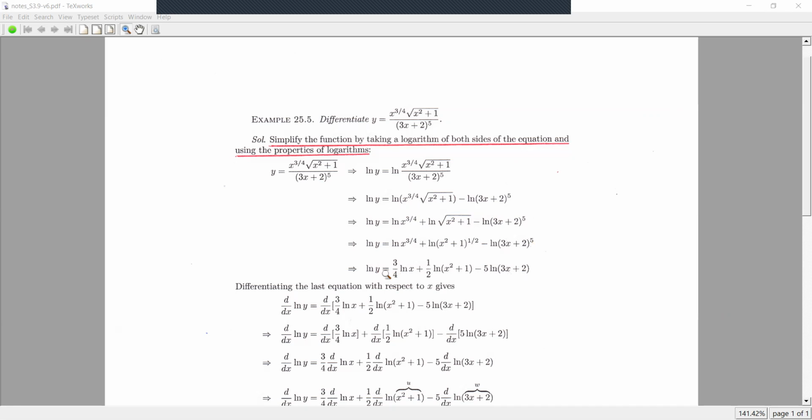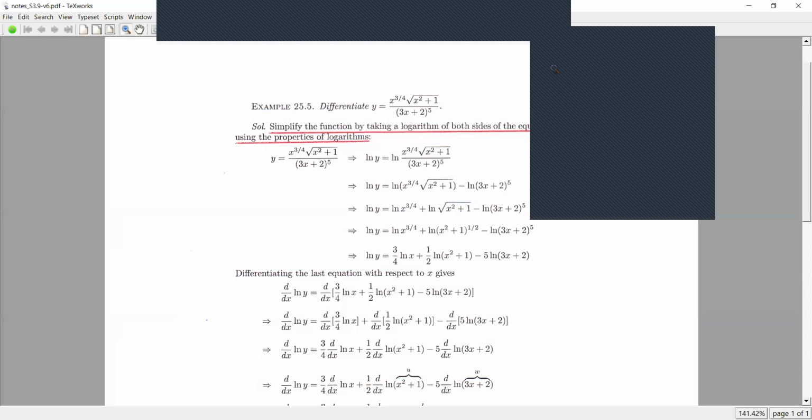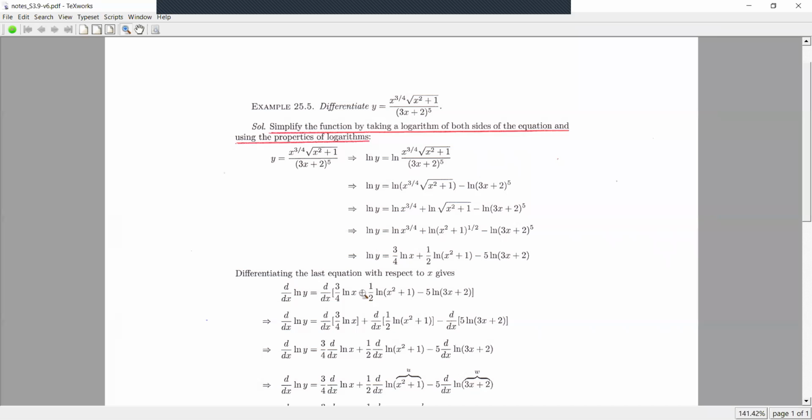Now, take the derivative on both sides. Then I have this equation. Apply the summation rule and the subtraction rule, then I have this equation. Move out the constants. Then I have this equation.